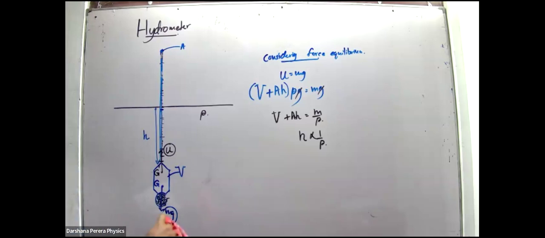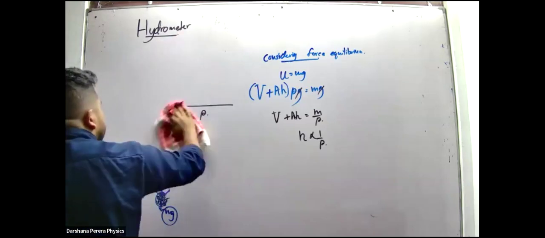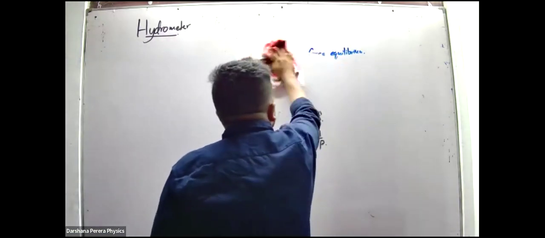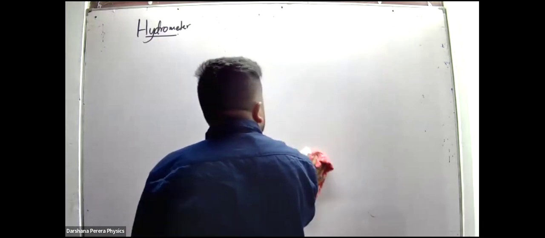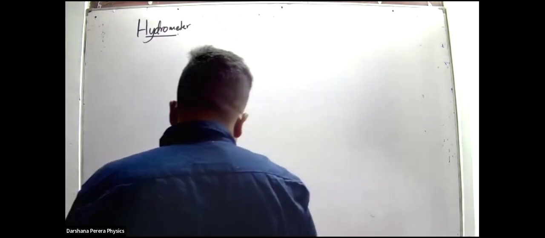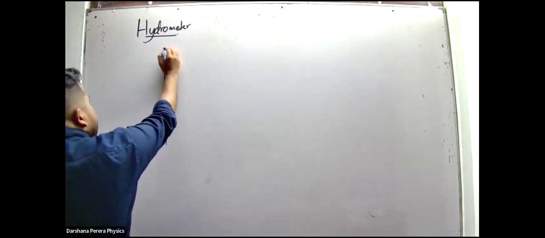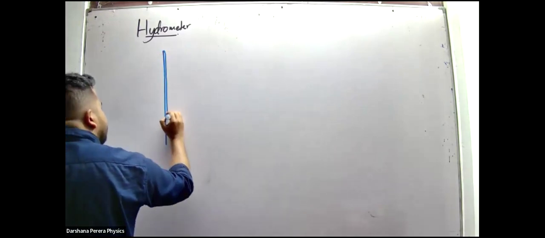That means the hydrometer is floating in the water, where water means 1 g cm^-3, no? So it's like this.